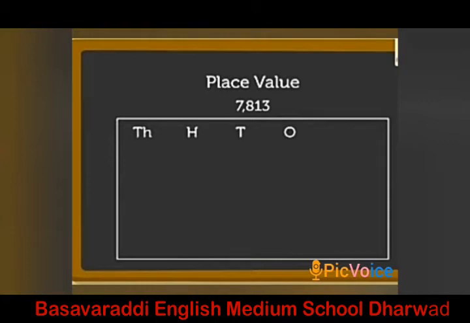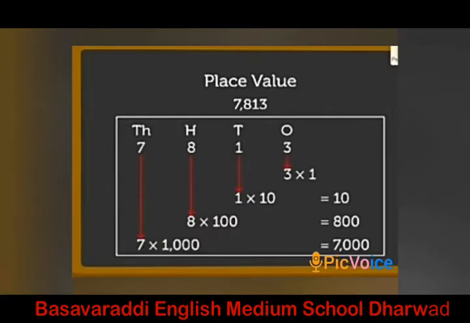Let us understand with the help of a number, that is 7813. The place of a digit in a number depends upon its position in the place value chart. Now let us take the number 7813. 7 is what?